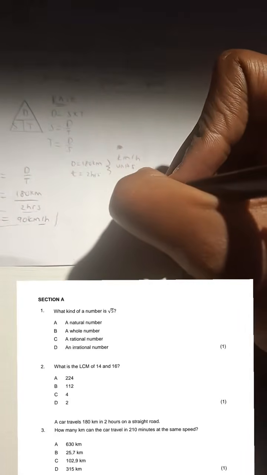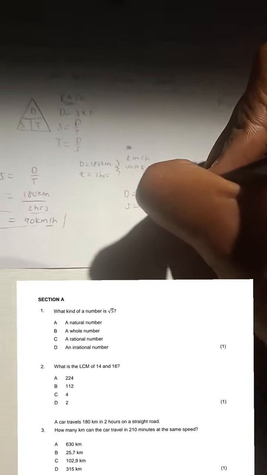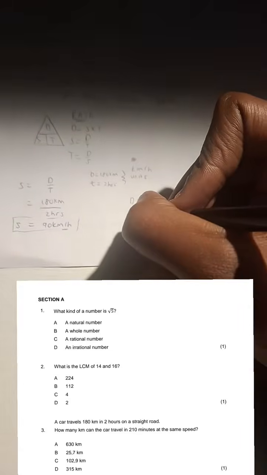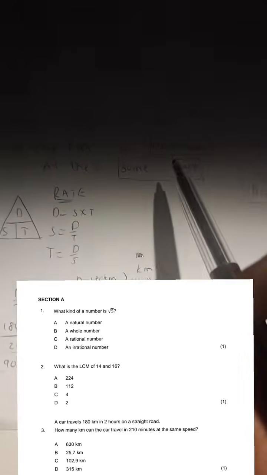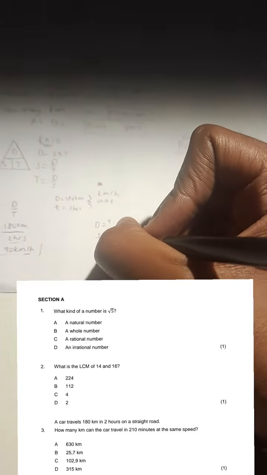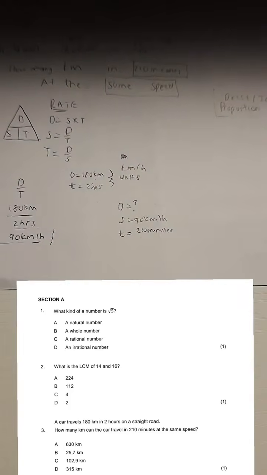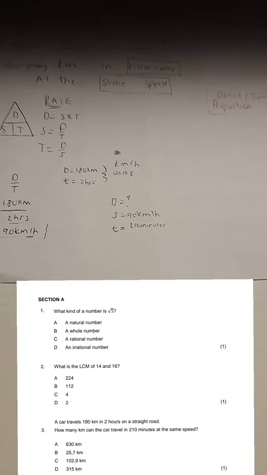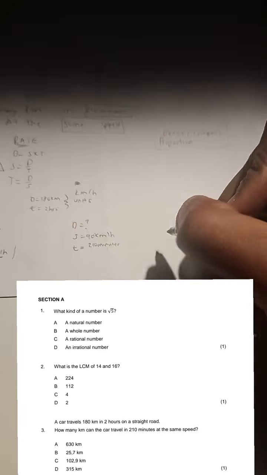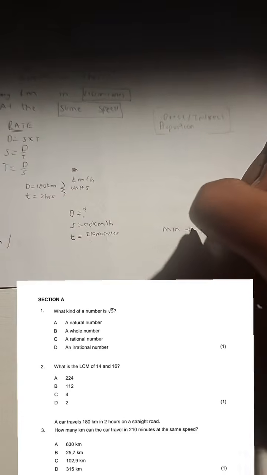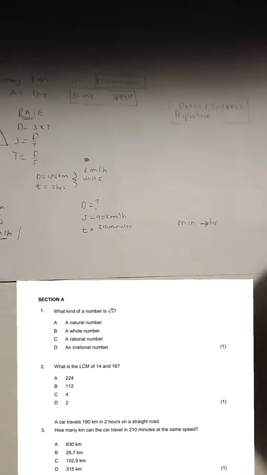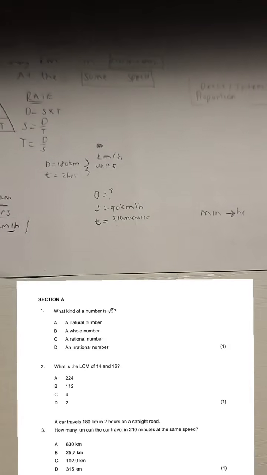We know that our speed is 90 kilometers per hour, and the time is 210 minutes, which means our minutes need to be converted to hours. How do we convert minutes to hours? How many minutes are there in 1 hour?